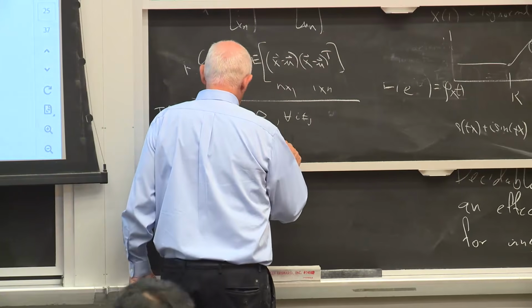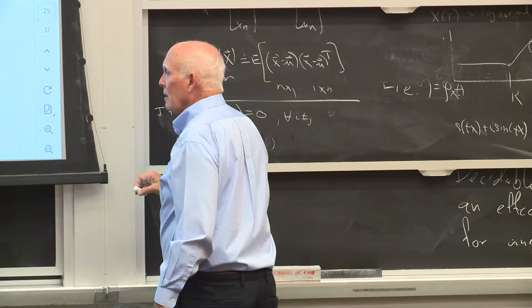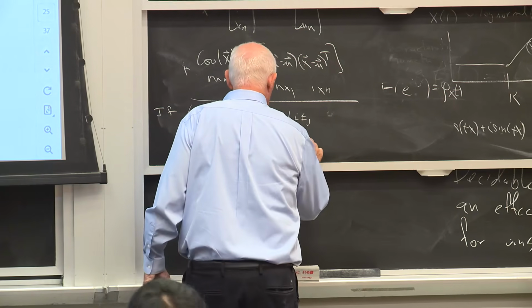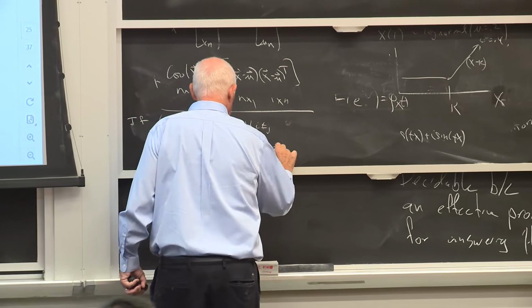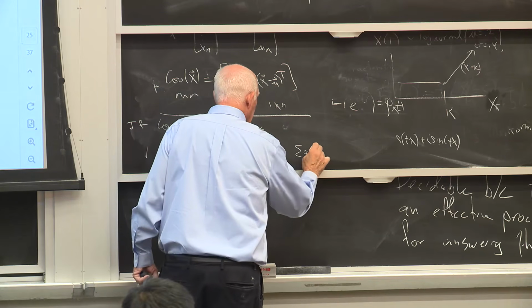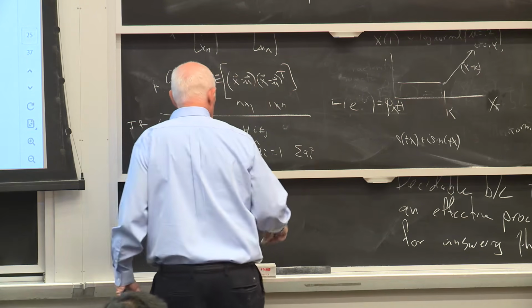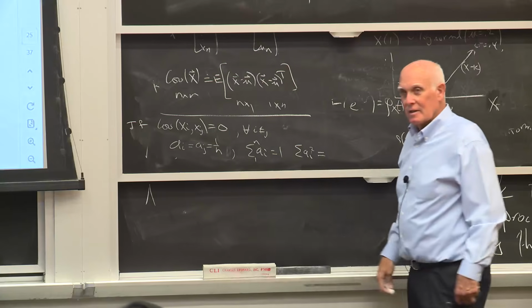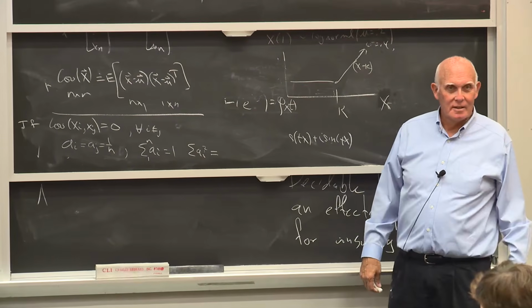then the sum of the ai's is equal to 1, and the sum of the ai squareds is equal to what?